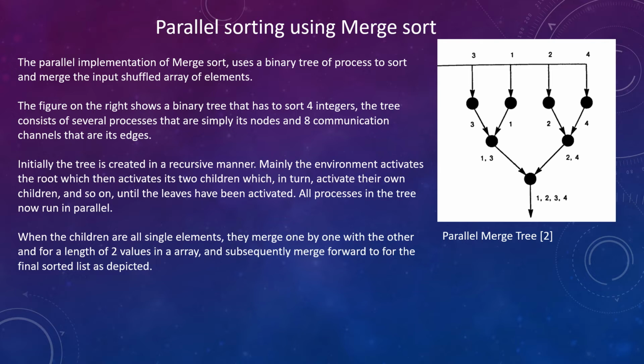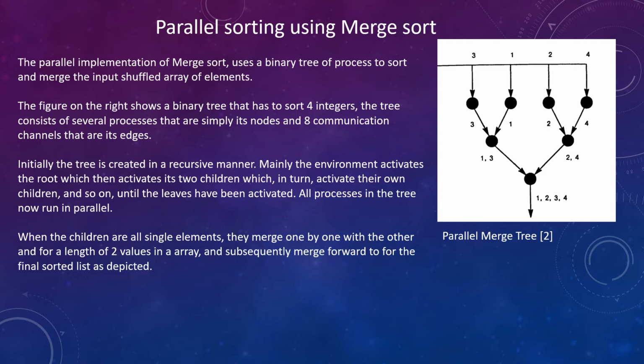Initially, a tree is created in a recursive manner. As trees have to be created, they are basically created recursively. So mainly the environment activates the root, which then activates the 2 children, which in turn activate their own children, and so on until the leaves have been activated. All processes in the tree now run in parallel.